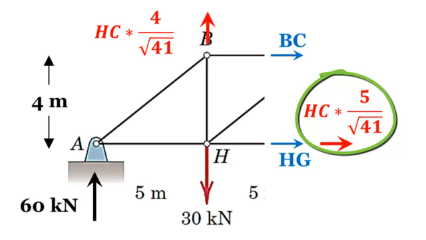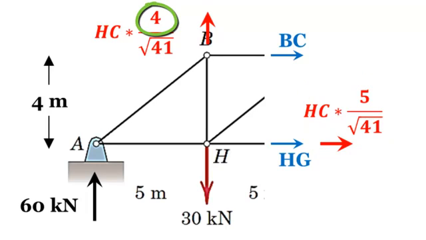And remember, the easiest way to remember this: you take whatever length on the x-axis, divide it by the length L, and multiply by the magnitude of the force. So we do the same trick for the y direction. We take the y length, which is the vertical length, which is 4, and divide it by L, which is the square root of 41, and multiply it by HC.